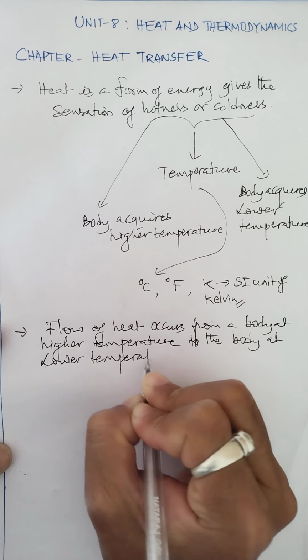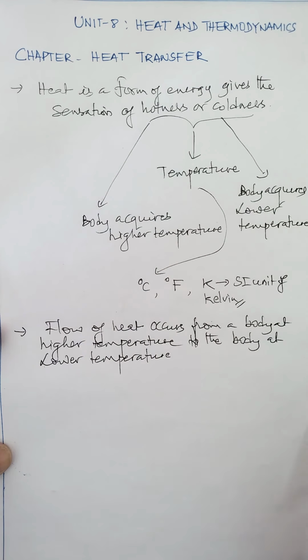And this flow of heat takes place till both bodies acquire the same temperature. In this case, we consider that both bodies are in thermal equilibrium. The word thermal means heat, and equilibrium means equal maintenance of temperature, meaning both bodies acquire equal temperature.